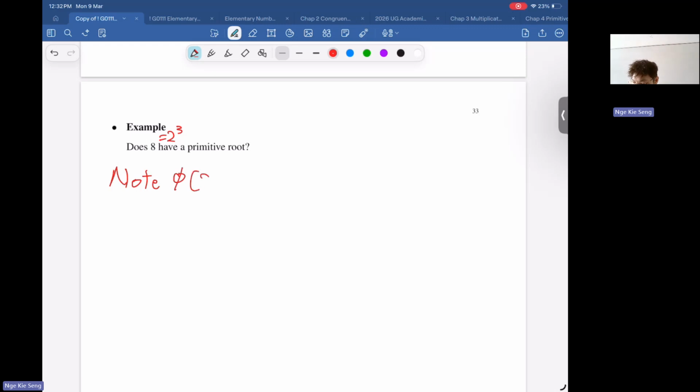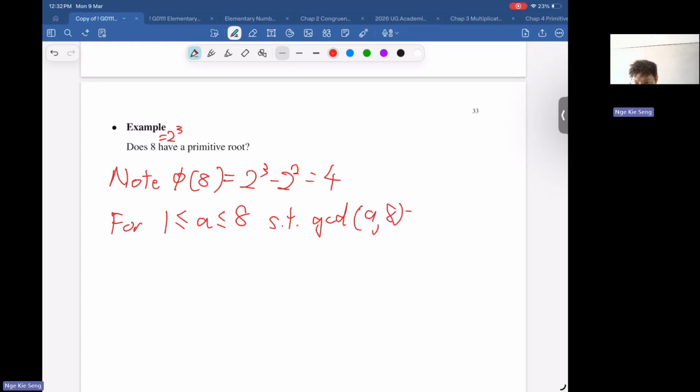So if you look at φ(8), which is 4, then you look for all those numbers that have GCD 1 with 8, right? And then you check their order. It's a very natural method. Okay, but then what do you see here?